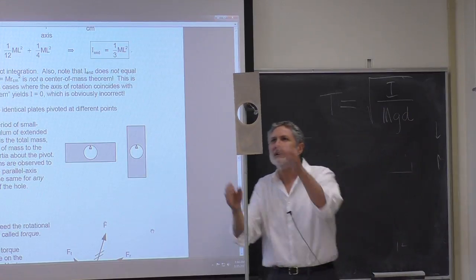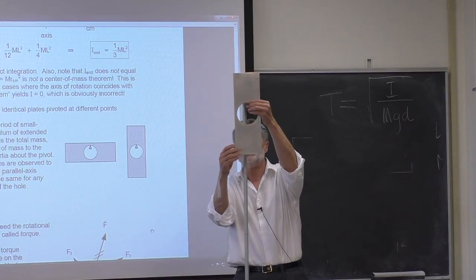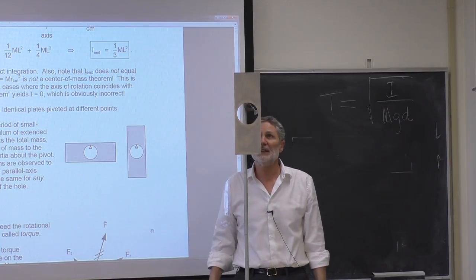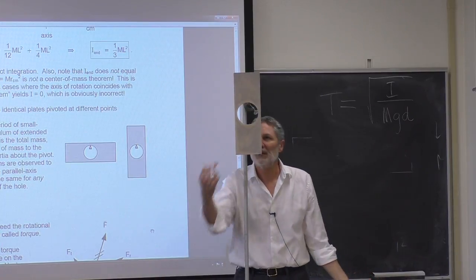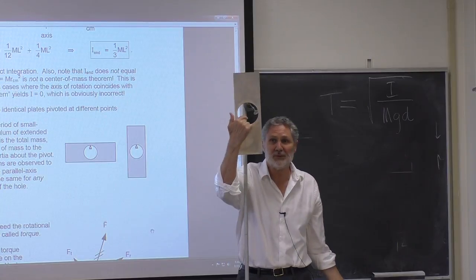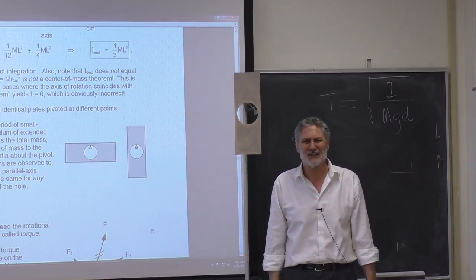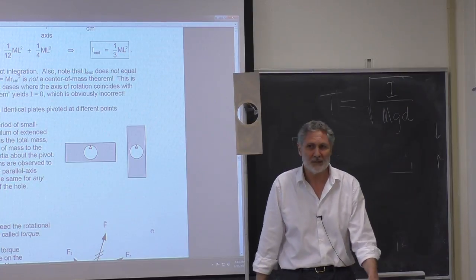Okay? So this has some total mass. What's the distance to the center of mass? Where's the center of mass? Right in the center, the geometric center here. And it's got some moment of inertia about that axis. You can calculate it, but we're not going to do that.